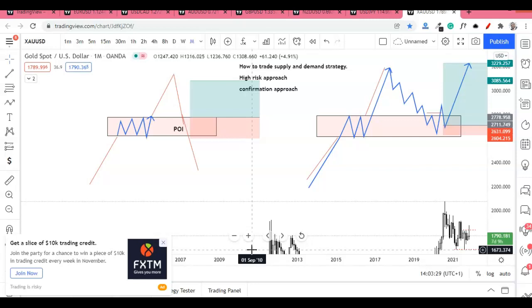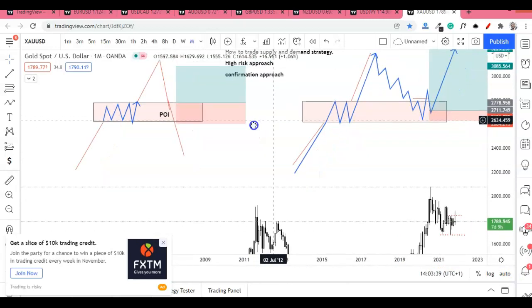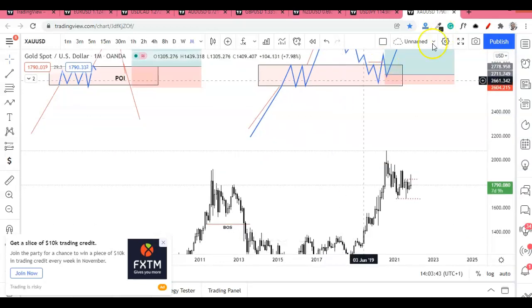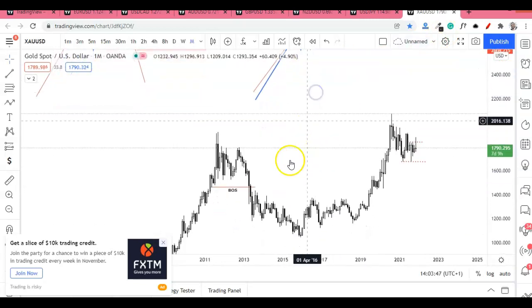It could be 1 hour, it could be 15 minutes, it could be 5 minutes. Are you with me? So you wait for the break of structure before you enter. Market is fractal. The way the market moves in a higher time frame is the same way it moves in a lower time frame.